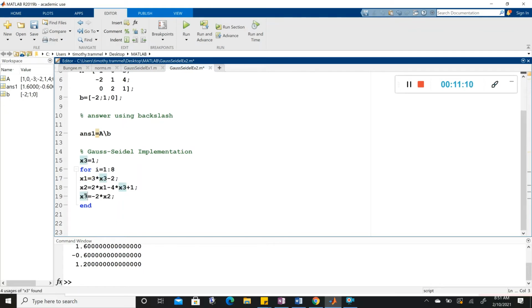And then down here, we'll need an x2, which was computed in the line above. But all that's happening is we're really just substituting in values for x1, x2, x3, and they're being updated, and then we substitute them in again, they're updated, and somehow this gets closer and closer to the correct solution.